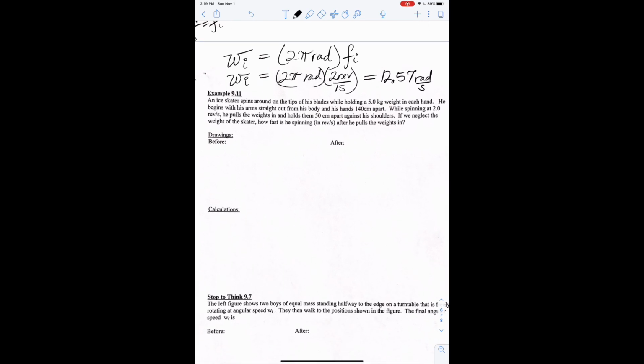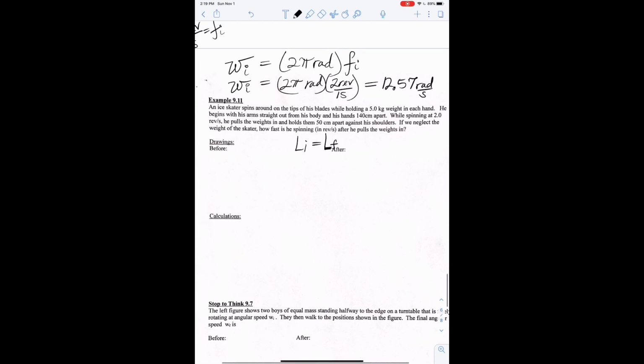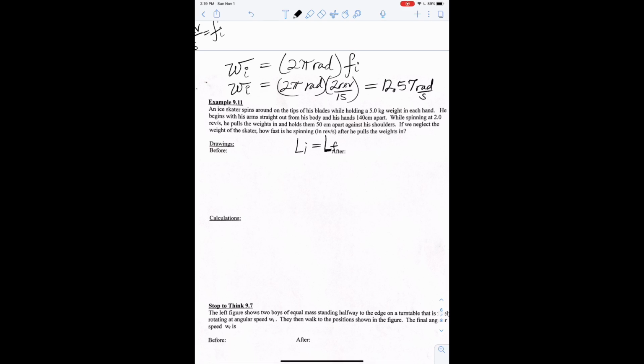Okay, so we did our drawings. I think we're good there. Calculation, just like before, we're going to say Li is equal to Lf, and I'm going to do what we did before, pretty much the same way.